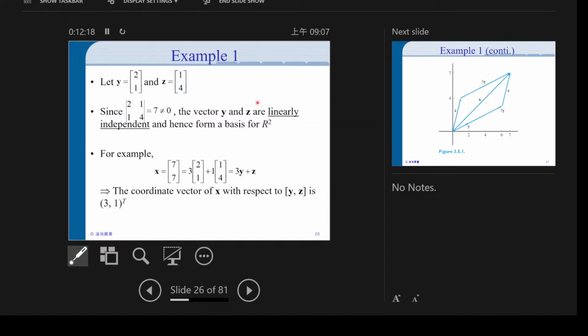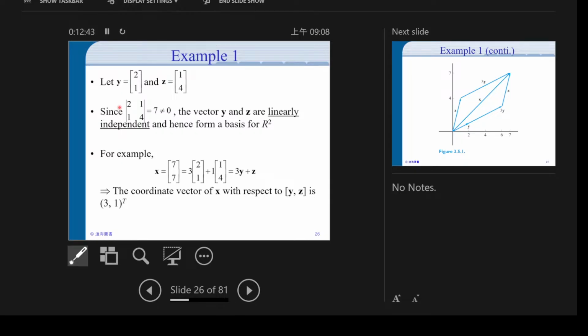And so let's see an example with more numbers. Let's say we have y and z equal to those two vectors, (2, 1) and (1, 4). First we check that they form a basis. We know R2 already has dimension 2, so we only need to check that they are linearly independent.